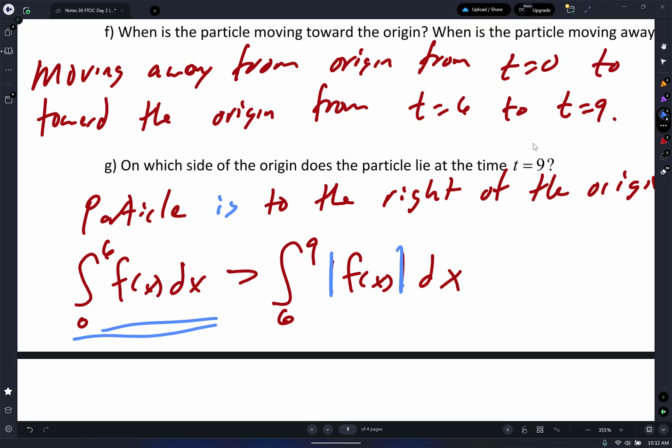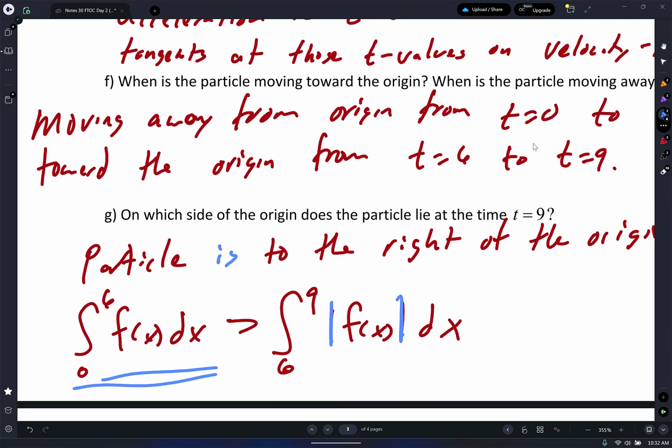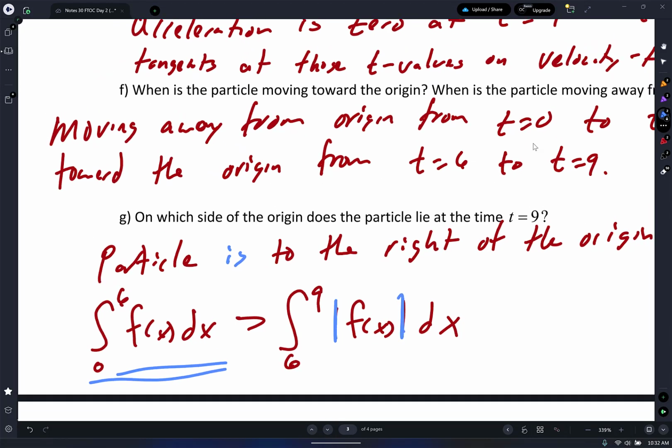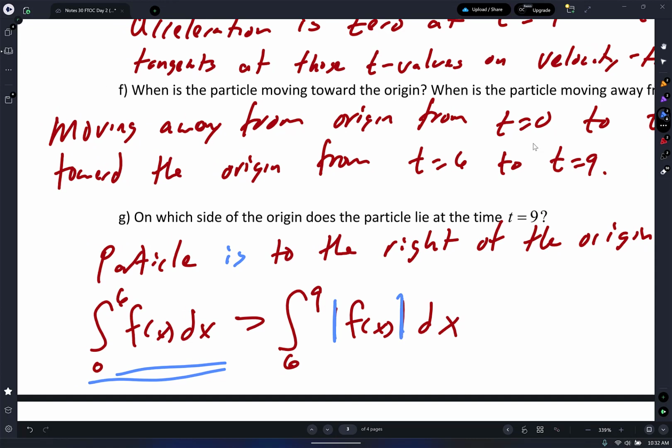Would this whole thing still be correct? Say it again. Would the statement still be correct if it said t equals 6 instead of t equals 9? Okay, I see what you're asking. Okay, hold on, I'm struggling with that correlation, because I don't understand the question.